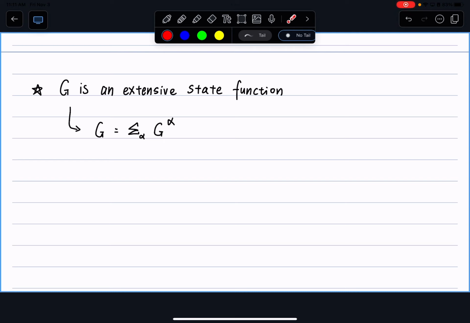In this case, let's use the nature of our Gibbs free energy, which is an extensive state function. Being extensive just means your total Gibbs free energy G equals the summation of the Gibbs free energy of every phase alpha. So that gives us this term here, the G with a superscript alpha, which tells you that's the Gibbs free energy of phase alpha.